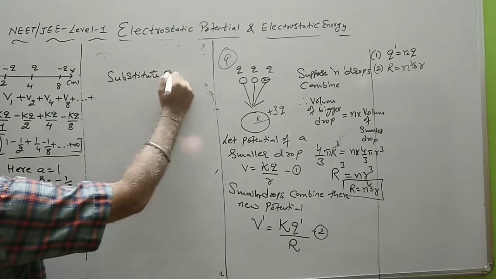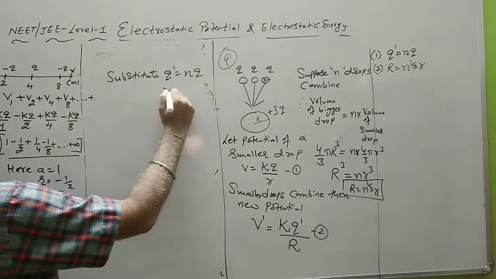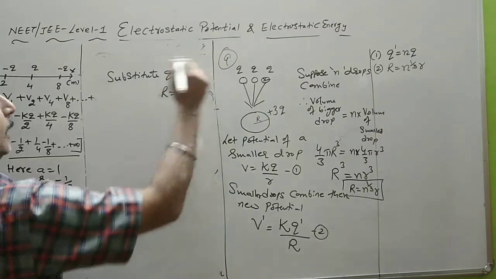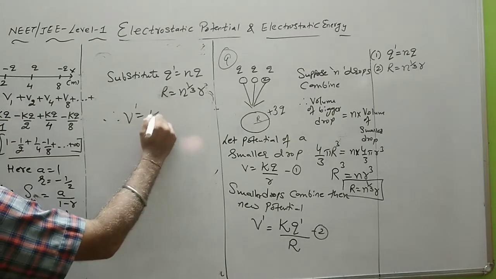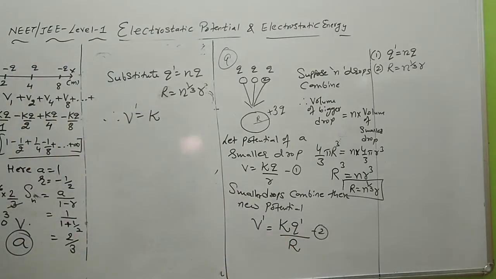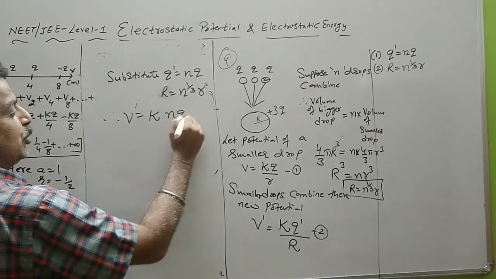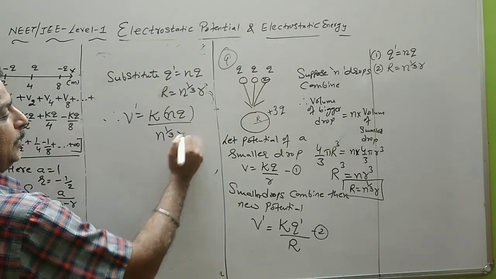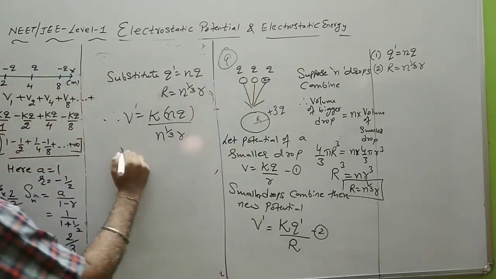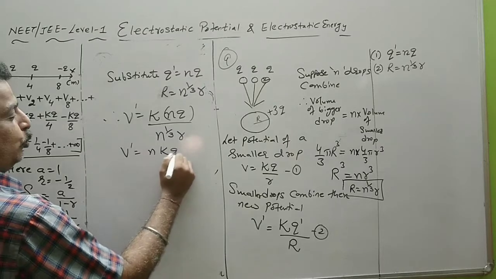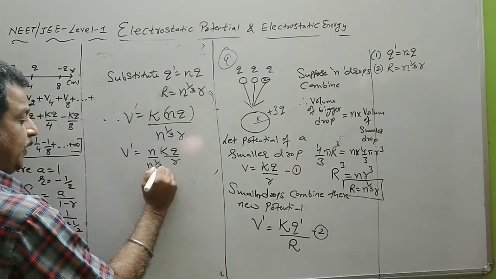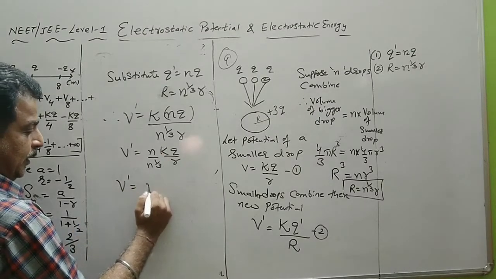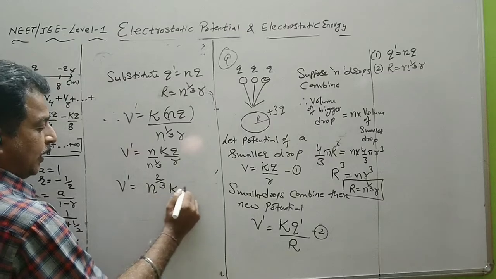Substitute Q dash is equal to n times Q and capital R is equal to n raised to 1 by 3 R. Therefore, V dash is equal to K. In the place of Q dash, I will write n times Q. In the place of capital R, I will write n raised to 1 by 3 R. So V dash can be written as n KQ upon R n raised to 1 by 3. So this V dash can be written as 1 minus 1 by 3, that is n raised to 2 by 3 KQ upon R square.